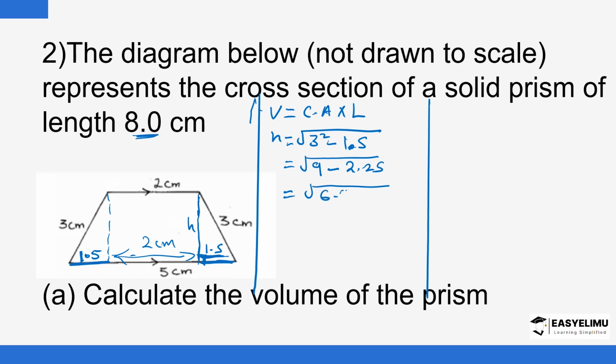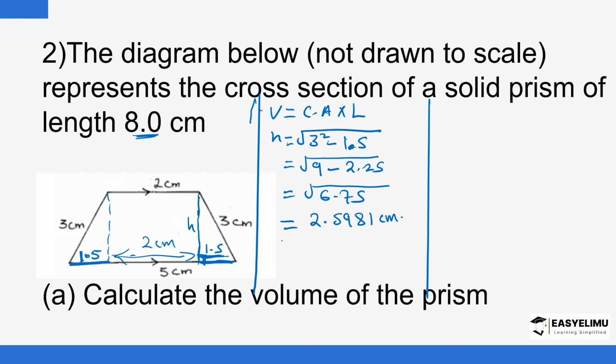So the square root of 6.75. If you use tables of square roots to find that, you'll get 2.5981 centimeters.